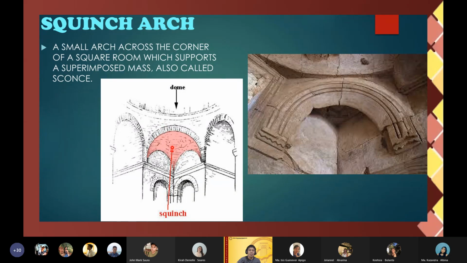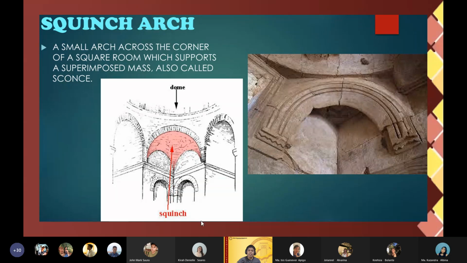So a small arc across the corner of a square room which supports a superimposed mass, another term for it is sconce. Okay, so if you see this in your sketches, like if you have sketches during the skis, you will see it in your sectional view, just note it as squinch, or it could also be called a sconce, this one.